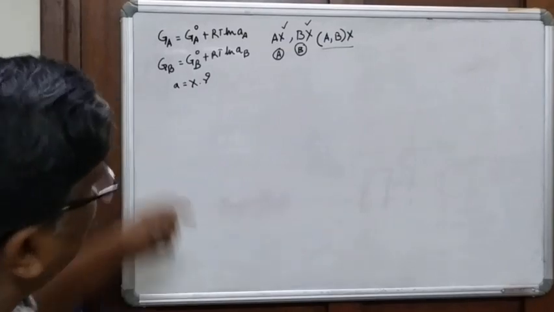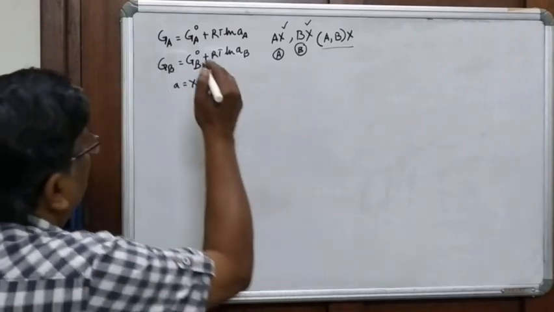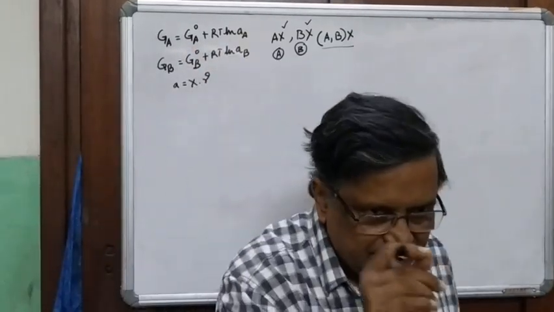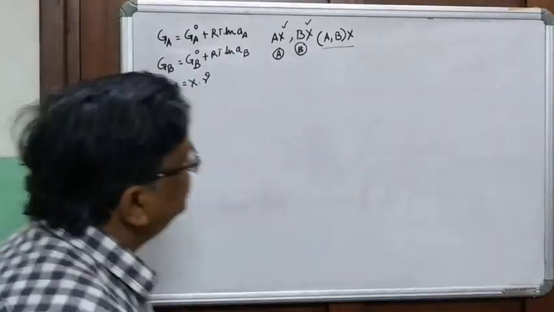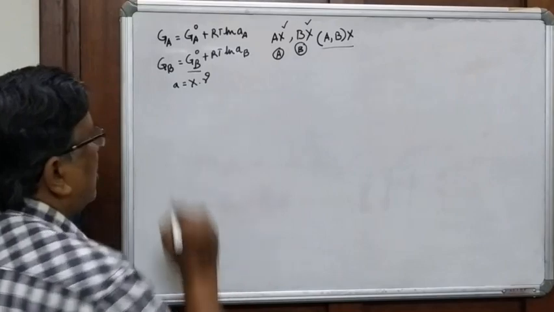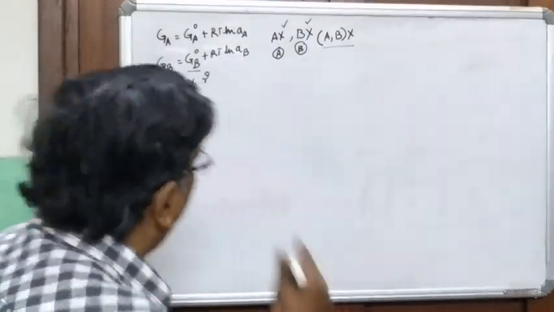Now, we have been talking about this, but at a particular pressure and temperature, G0A is a constant. Why?